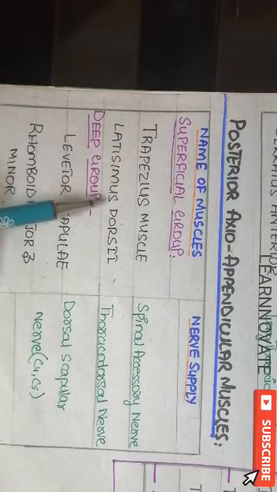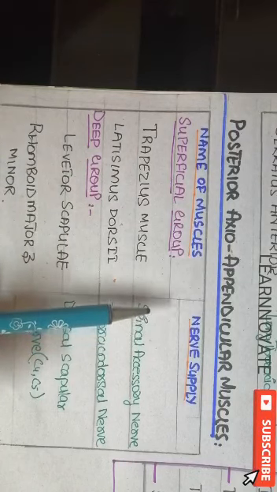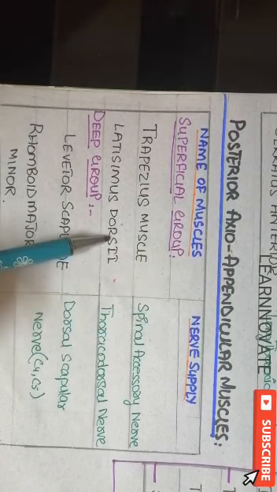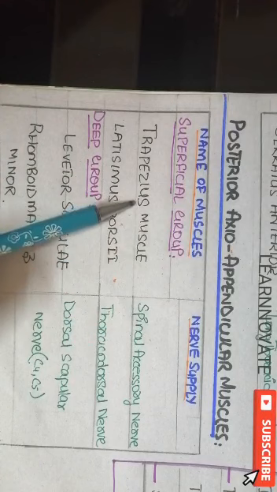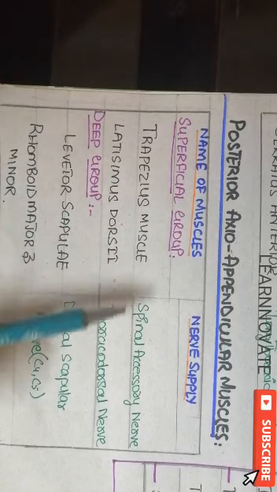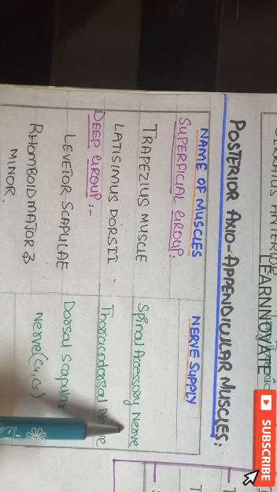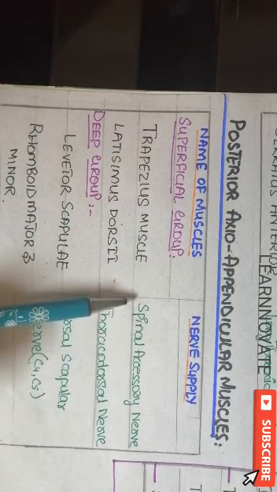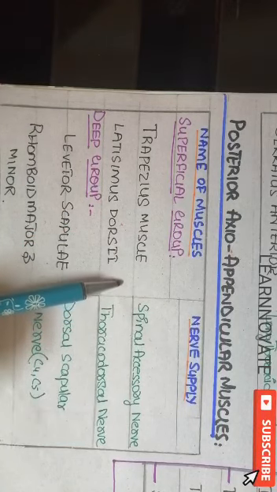The superficial group includes the trapezius and the latissimus dorsi. The trapezius is a triangular shaped muscle. It is attached over the back of the neck and about half of the back. This muscle is supplied by the spinal accessory nerve, and it is a protractor or retractor of the scapula.